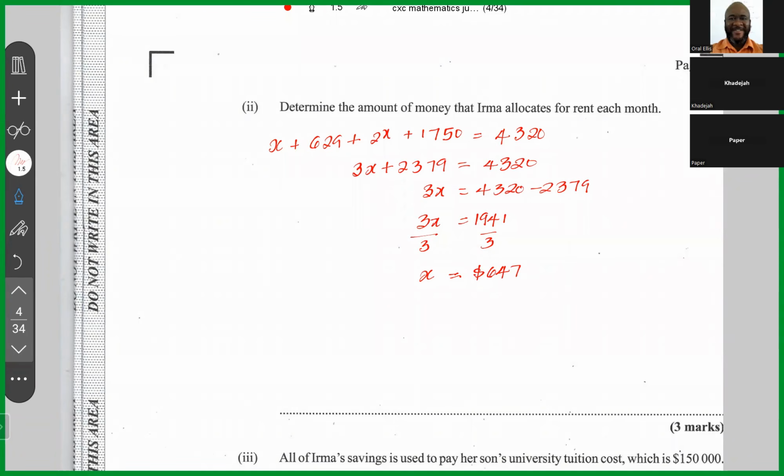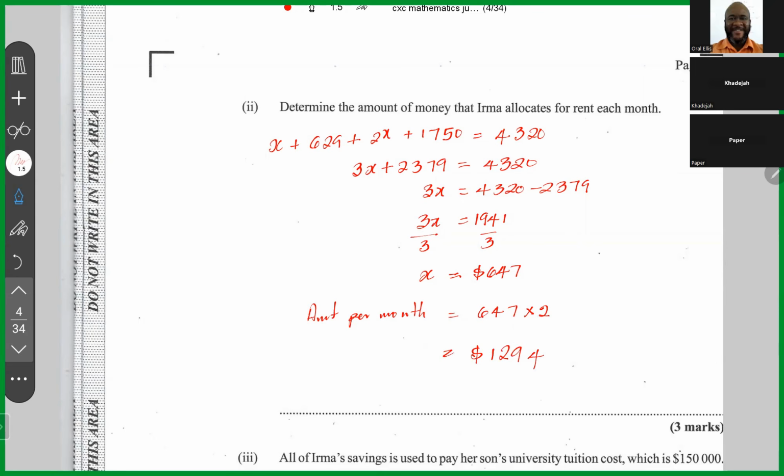Now, assuming that there are 4 weeks in a month, and every 2 weeks she puts aside $647 for rent, the amount allocated for rent per month would be 647, that's the amount every 2 weeks, and there are two fortnights in a month, so you multiply this by 2.